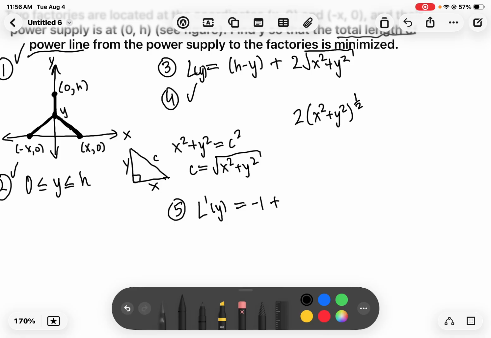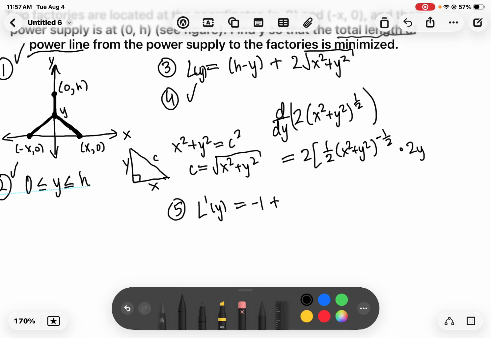By the power rule, the derivative with respect to y is 2 times 1/2 times x squared plus y squared to the negative 1/2, and then times the derivative of the inside, because we have to use the chain rule, and so that's times 2y.